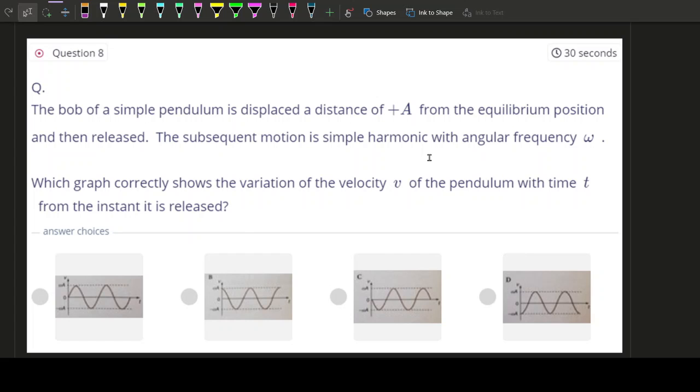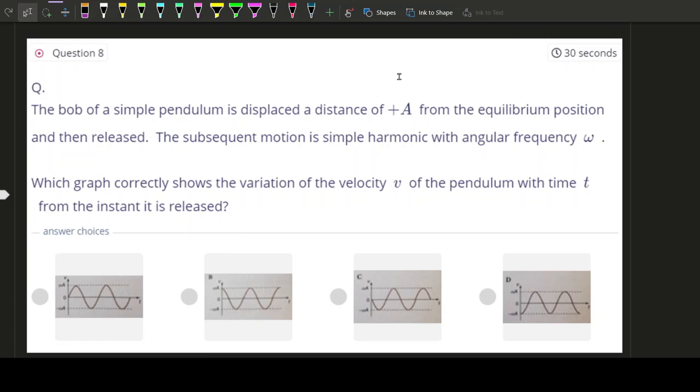Question 8 says that the bob of a simple pendulum is displaced a distance of positive amplitude from the equilibrium position and then released. The subsequent motion is simple harmonic with angular frequency omega. So it's SHM, but it starts from the positive maximum displacement.